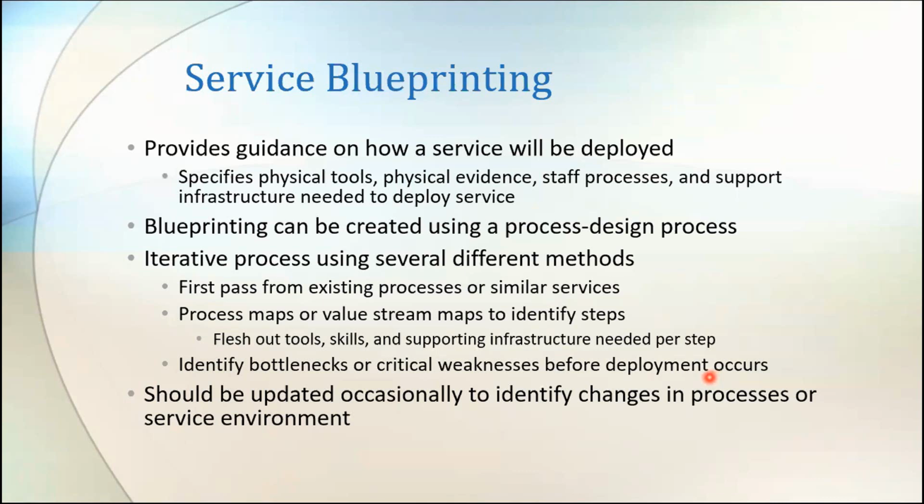So this is a type of service blueprinting where you may say, okay, I'm going to make a first pass of a very general process. Then I'll map out each of the product offerings separately to see if there's anything required that I do not have in that main step. Then I'll address those. Then I may run it in a dry run. And as I said here, it should be updated occasionally to identify changes in processes or service environments.